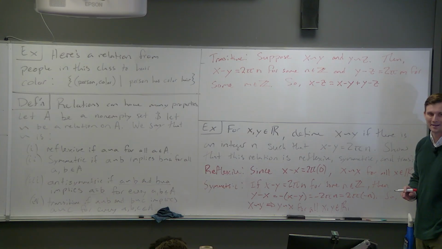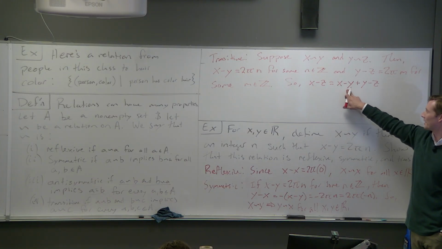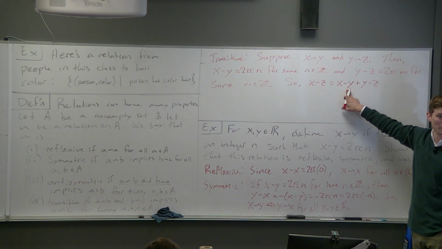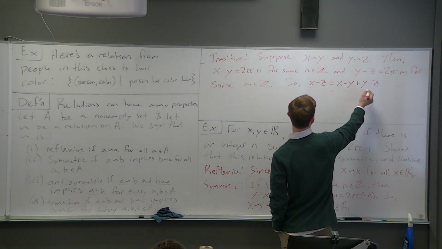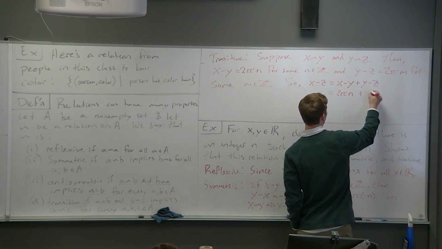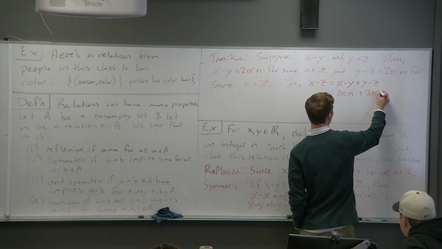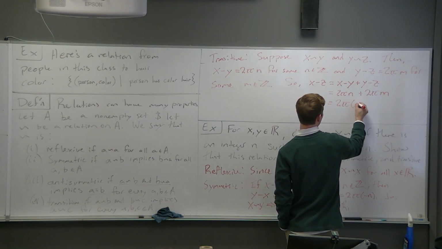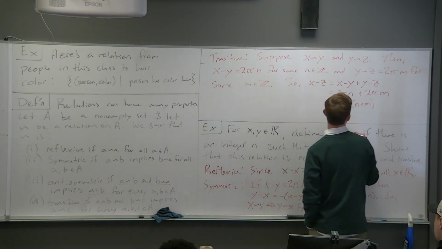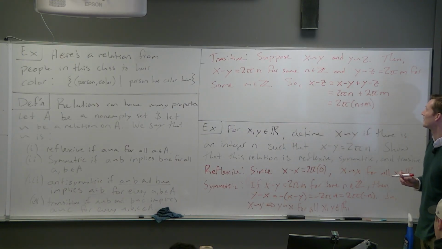So I just added a y and I subtracted a y. I added 0. I changed nothing. But look, x minus y, that's 2 pi n, and y minus z, that's 2 pi m. And this is just 2 pi times n plus m. Do you agree with that?